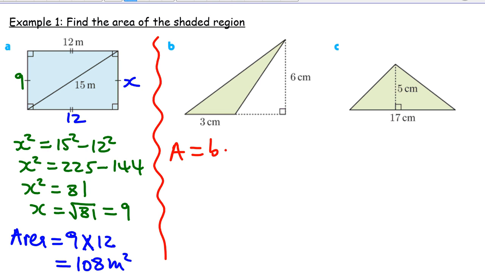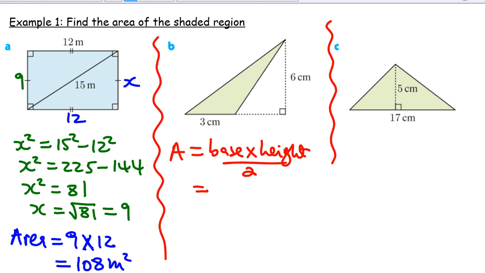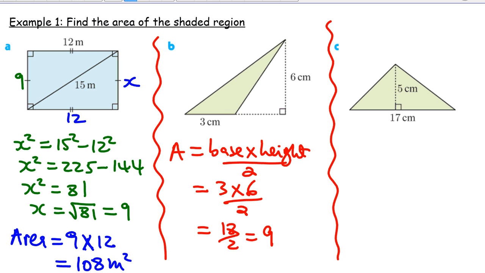A will be equal to base multiplied by height divided by 2. Now, obviously, we can see here that the base is 3, the height is 6, divided by 2, which gives you 18 over 2, and that will be 9 centimeter squared.